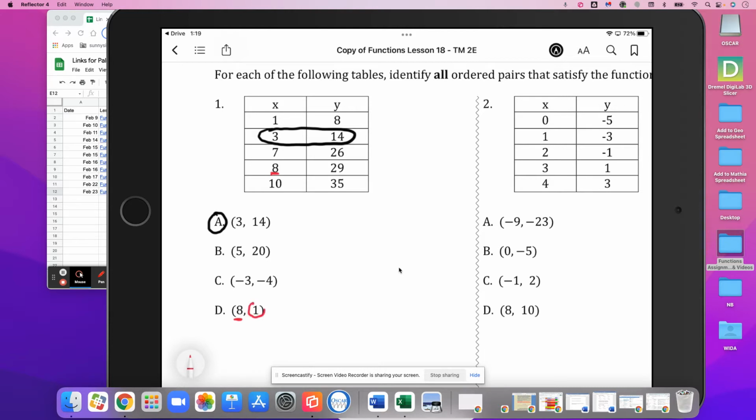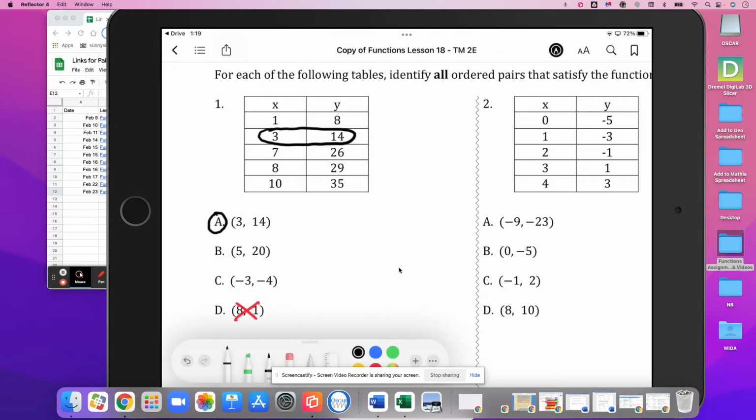But this 1 right here does not match with this 29 right here. For it to be a function, any one x value can only have one y value. So that 8 could only be with 29. It can't also be with 1. So that's a quick way for me to tell that D is not going to work, because 8 goes with 29, not with 1.